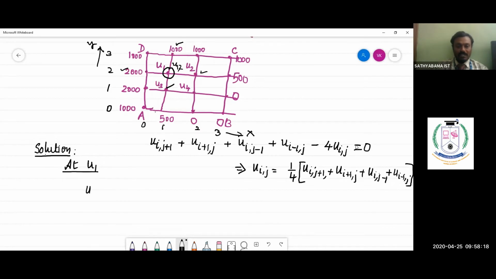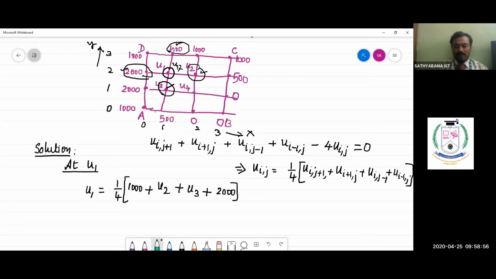So u1 is equal to 1 by 4 into u i comma j plus 1, it is 1000, plus u i plus 1 comma j, that is u2, plus u i comma j minus 1, it is u3, plus u i minus 1 comma j, that is the point to the left, that is 2000.